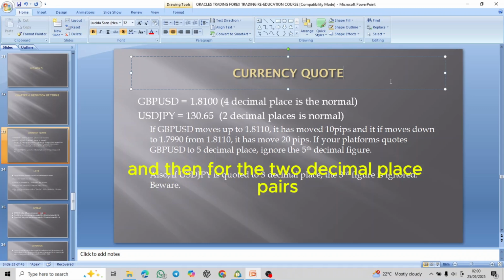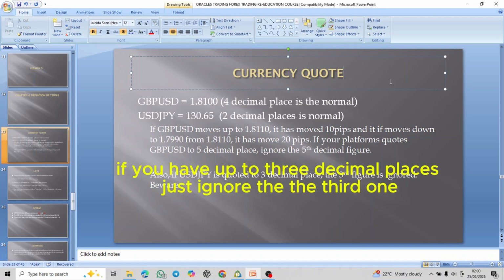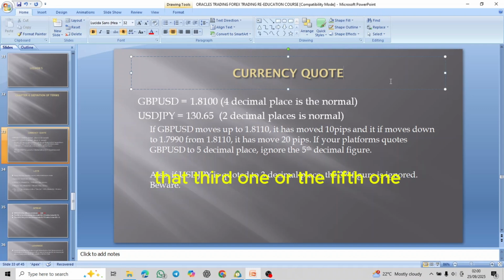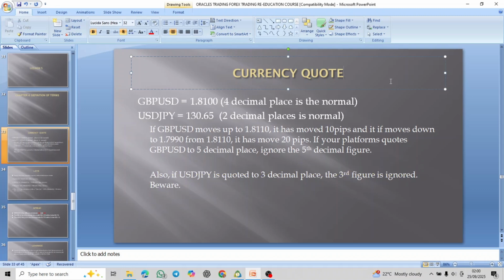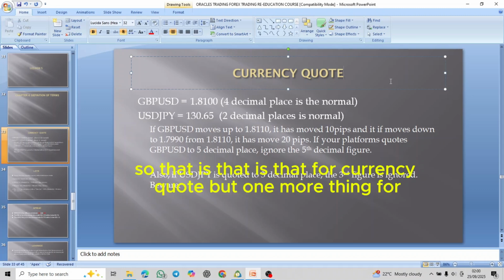And then for the 2 decimal place pairs, if you have up to 3 decimal places, just ignore the third one. That third one or the 5th one, these figures are counters, so you don't have to bother much about them. So that is that for currency codes.